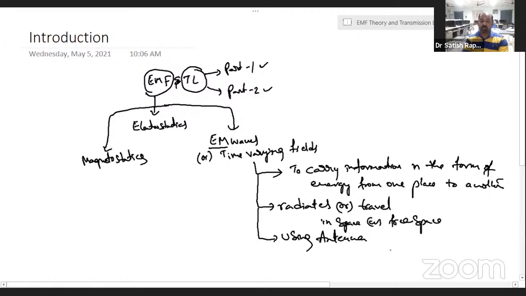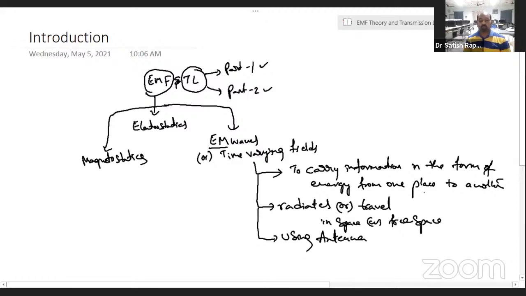So our main purpose is to understand EM wave: how EM wave can be generated, what are the characteristics of EM waves, what are the mathematical equations of EM waves, and how they travel in different media. All those things we are going to study.